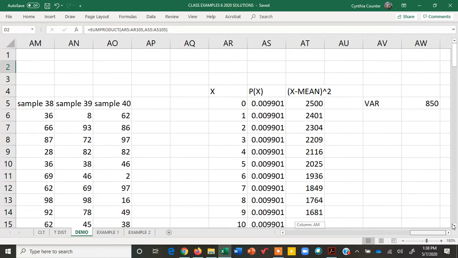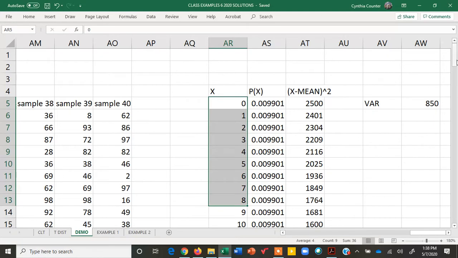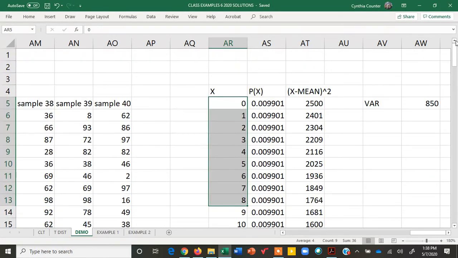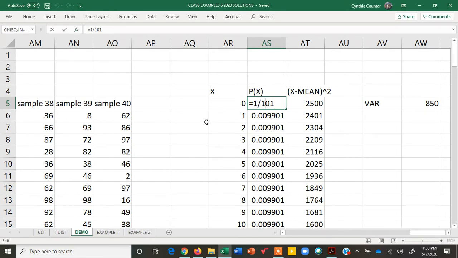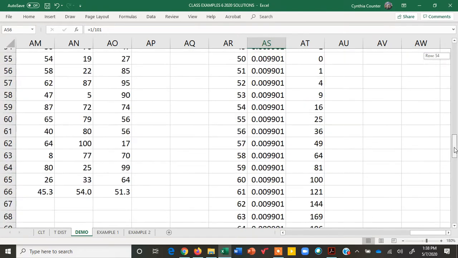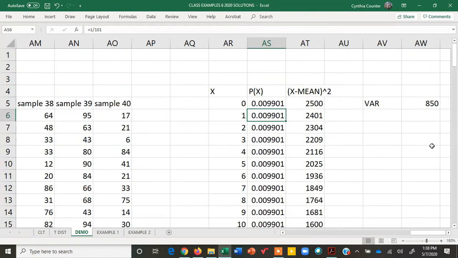I have that way out over here. So all the possible values of the random variable x go all the way up to 100. The corresponding probabilities are all 1 out of 101, all right? So they're all the same because this is a uniform distribution. We know the mean is 50, but even if you do the sum product, you can find the mean. So you know the mean is 50.